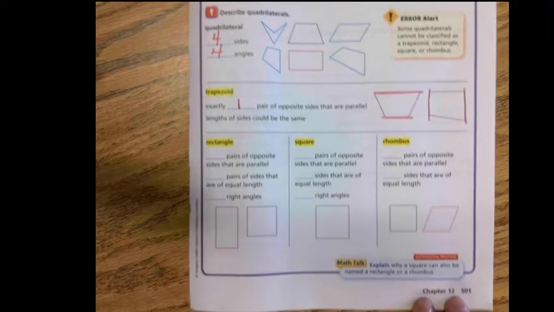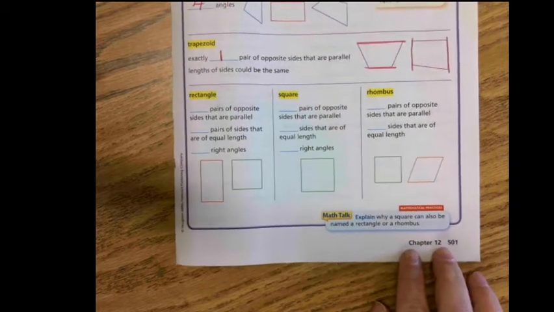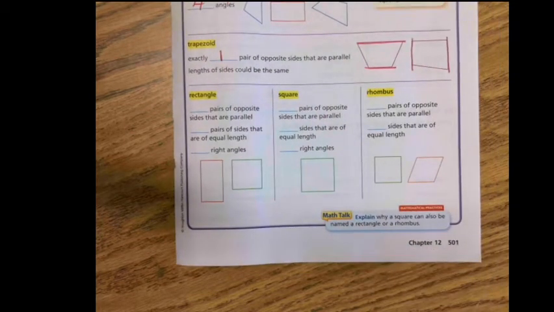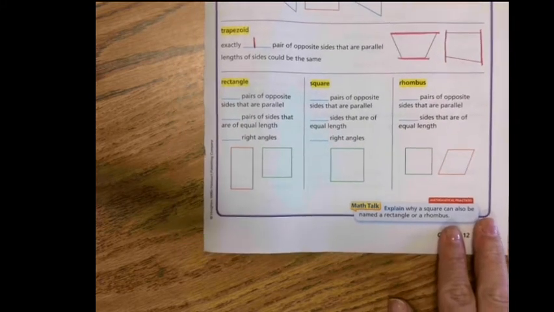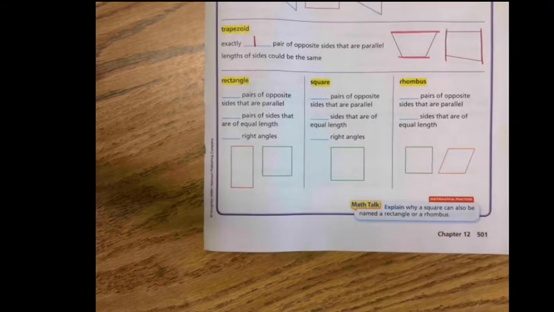Okay, now let's go down here and talk about these three shapes. Let's talk about a rectangle first. I want you to kind of work ahead of me in your mind and see if you can answer these before I fill them in with the answers, okay? So rectangle. How many pairs of opposite sides that are parallel? Okay?